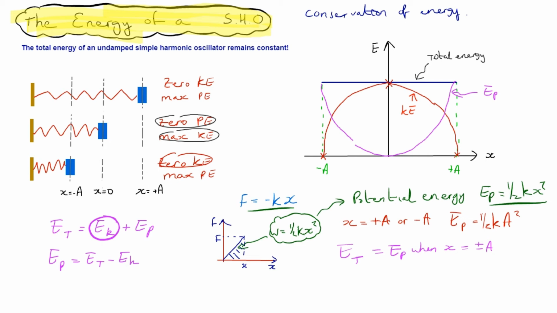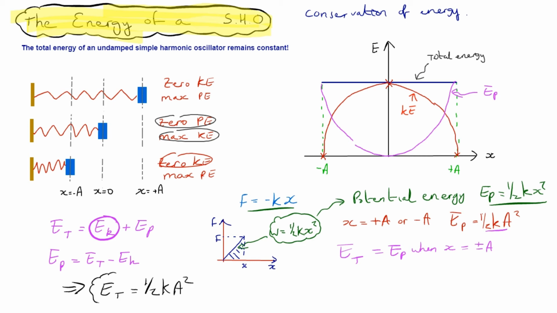And we know we've got an expression for EP at plus or minus A, which is a half ka squared. So we end up with the final statement that the total energy of a simple harmonic oscillator, which is undamped, must be equal to the potential energy at the extreme, which is a half times k times the amplitude squared.